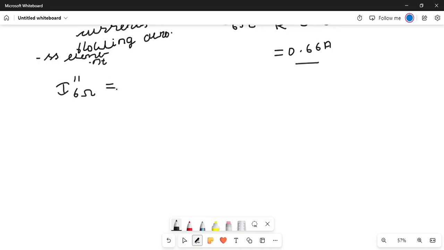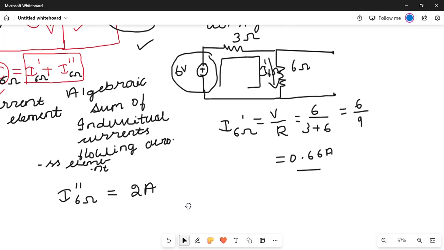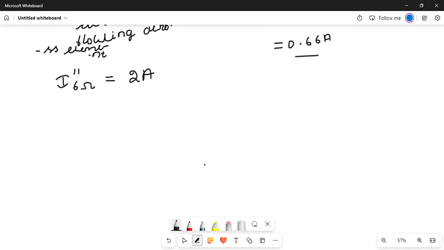I need to keep my 2 ampere source as it is, and my 6 volt source short circuited. Let me draw the diagram soon. You have to learn the simple procedure, right?